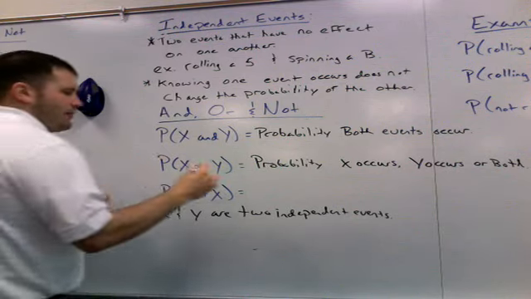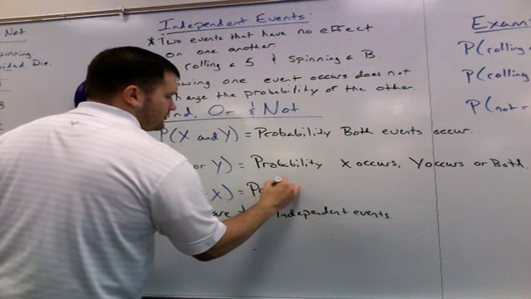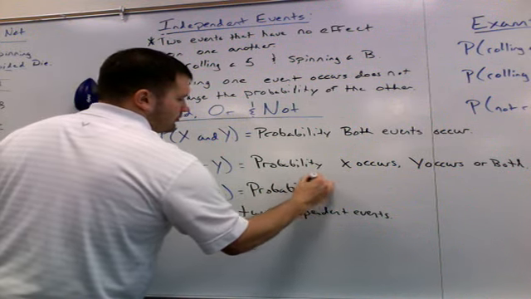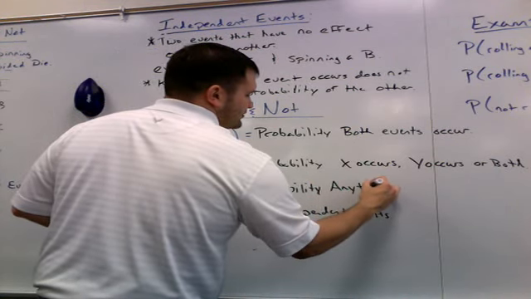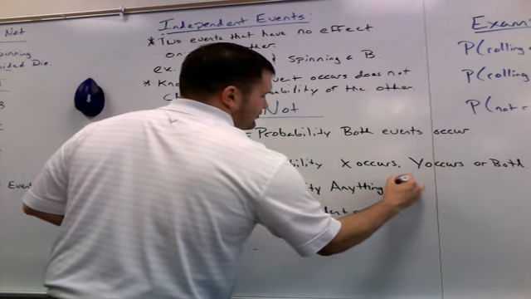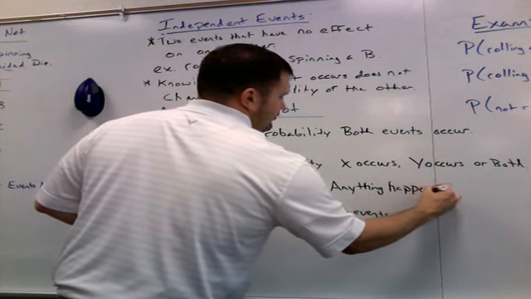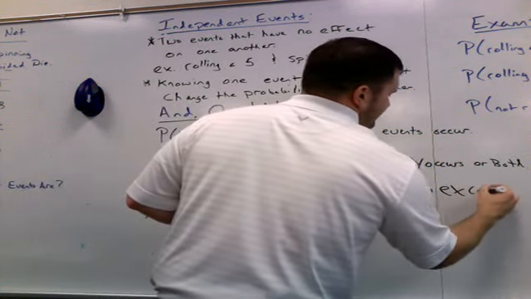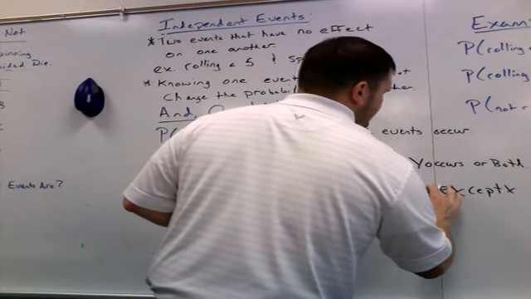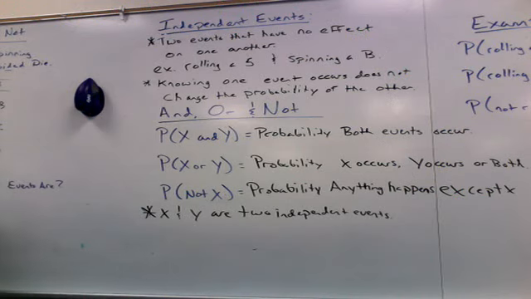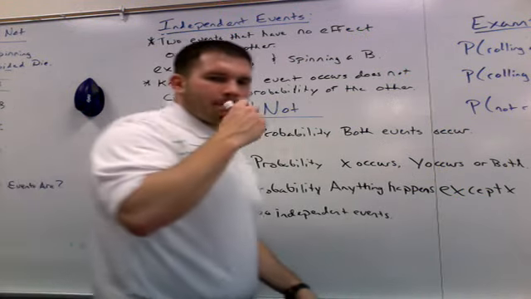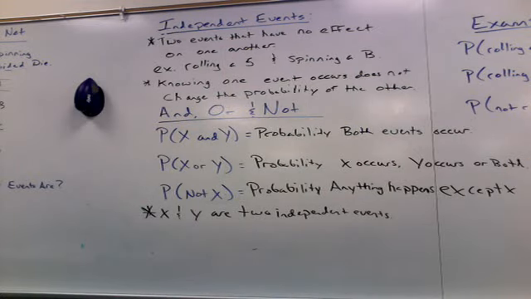X. So the probability of not X is the probability anything happens except X. Does that make sense? Yes. So we understand and, or, and not?